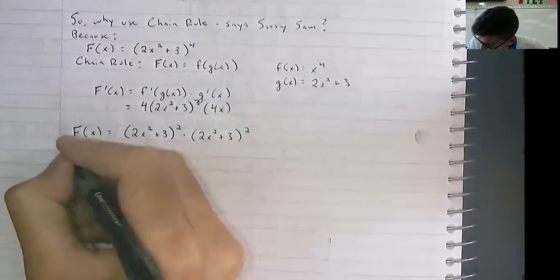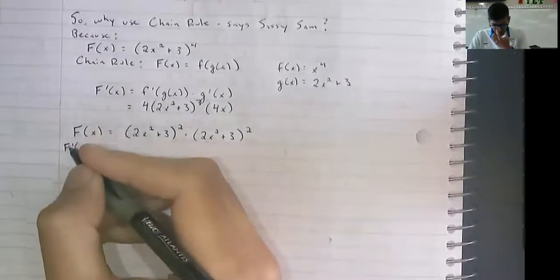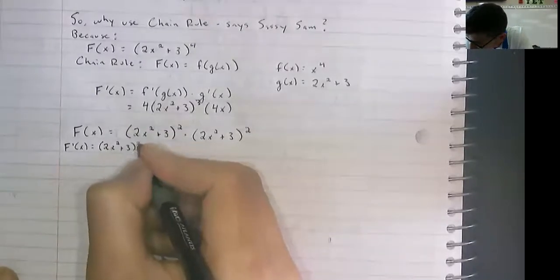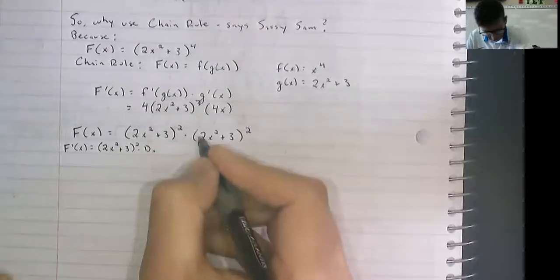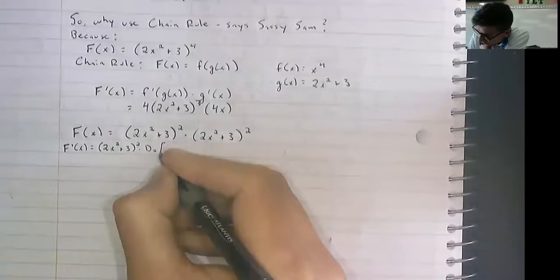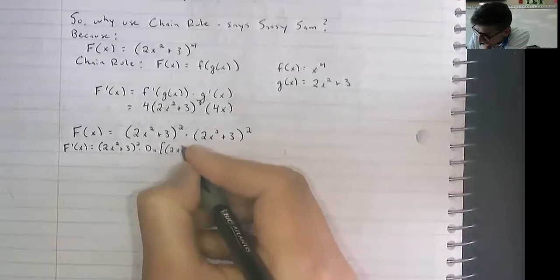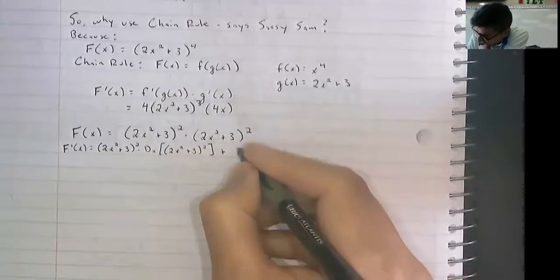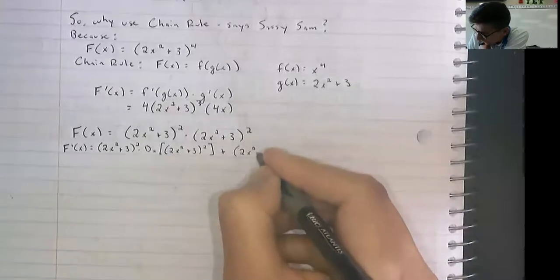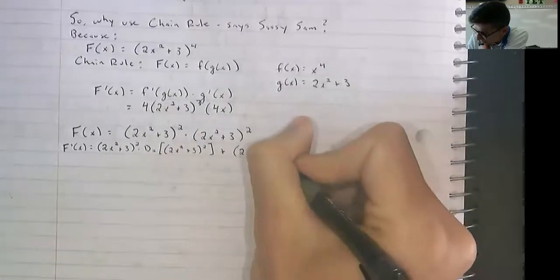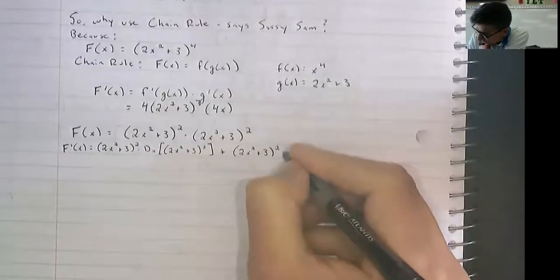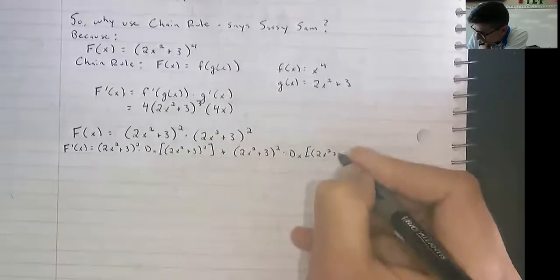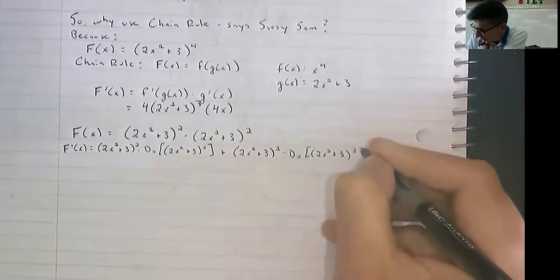Product rule, f prime of x is going to give us the first thing, (2x squared plus 3) squared times the derivative of the second thing, (2x squared plus 3) squared, plus (2x squared plus 3) squared times the derivative of (2x squared plus 3) squared.